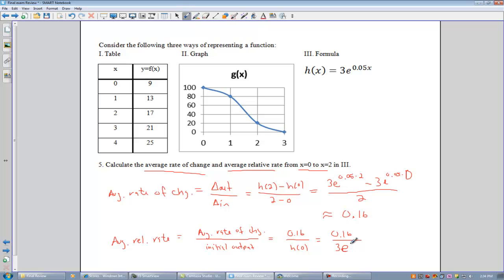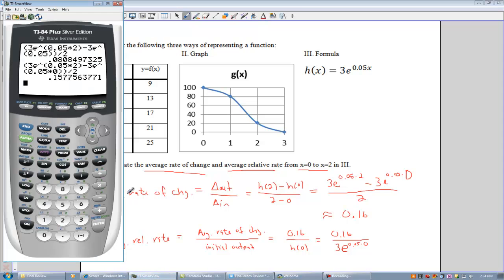e, and we have a 0.05 times 0 there. And so I take out my calculator. I'm going to crunch this number, so let's just take this off of here.